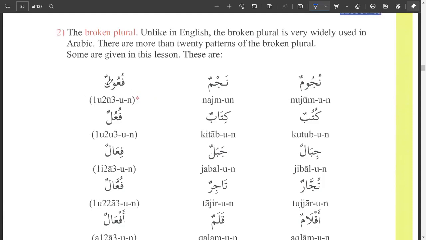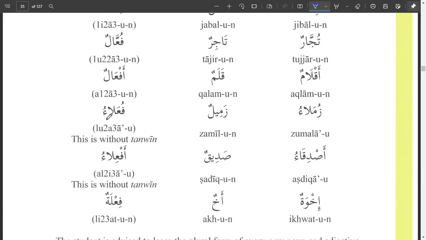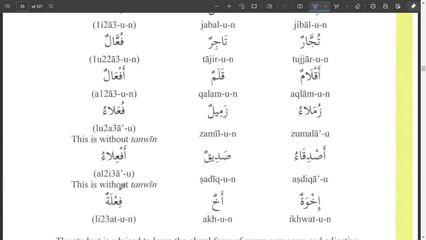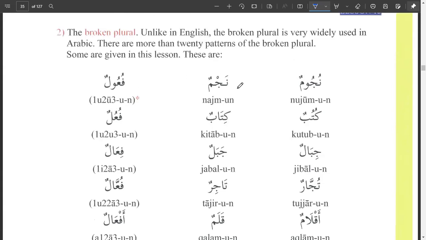Fu'ulun, fi'alun, fu'alun, af'alun, fa'ala'u, af'ila'u, fi'latun. So these are the 8 plural patterns we will learn in this lesson. Like you see here, najmun, nujumun.